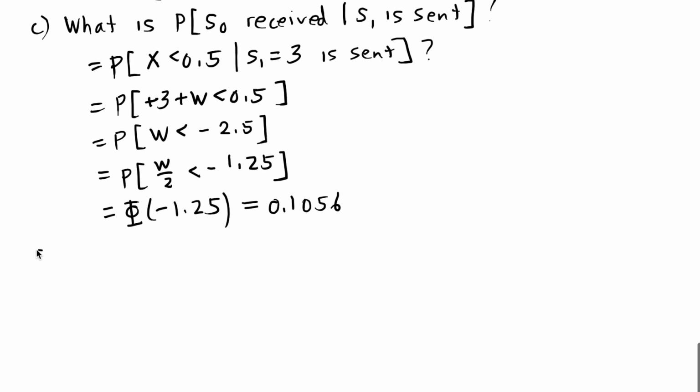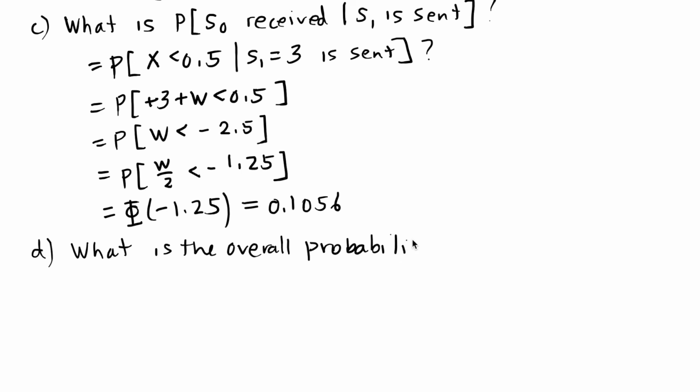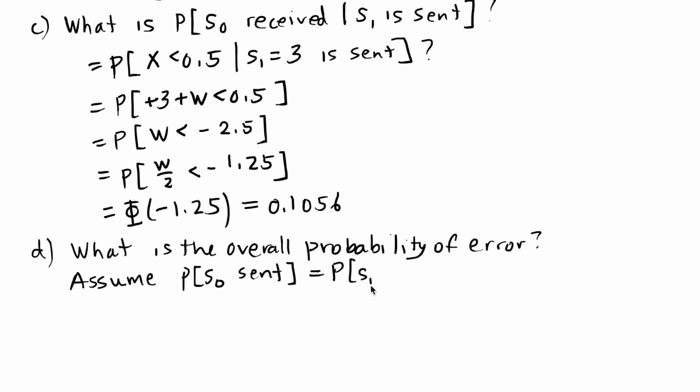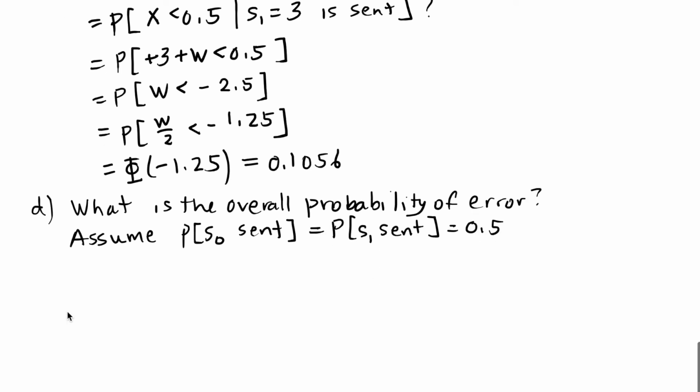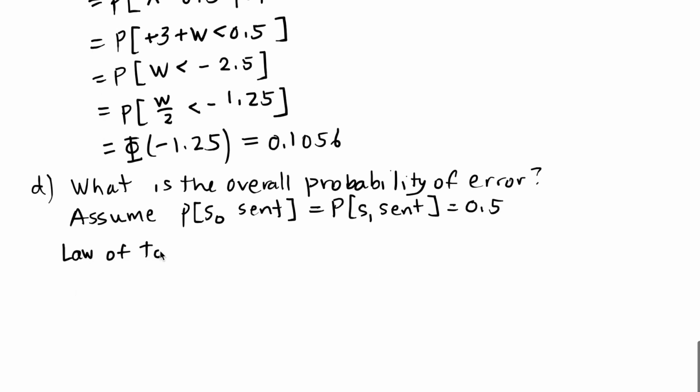So for the final question, we've computed the conditional probabilities of error, that is, the probability I get the wrong symbol at the receiver, given that S1 is sent and given that S0 is sent. But now I'm going to ask, what is the overall probability of error? And here we're going to assume it's equally likely to send an S0 symbol as an S1 symbol. So what we need to use to solve this problem is the law of total probability.